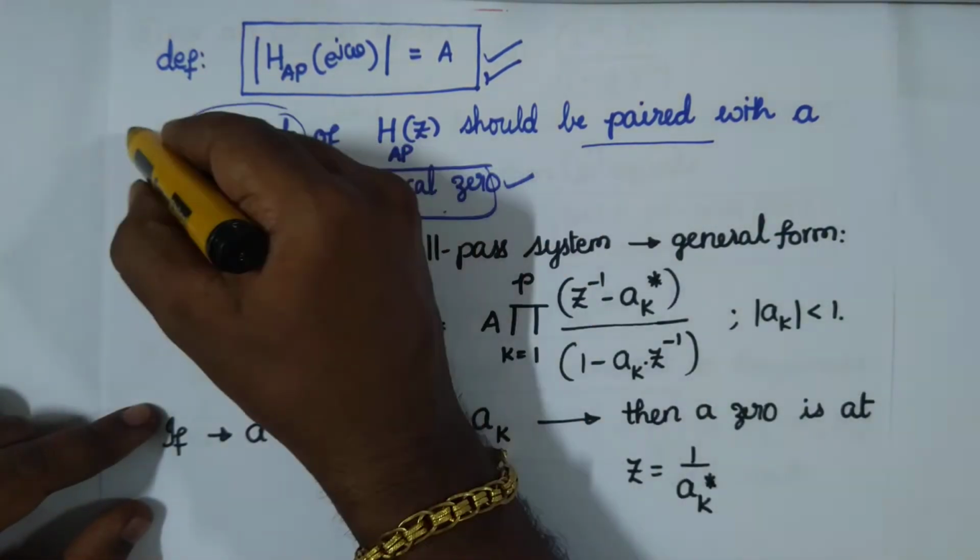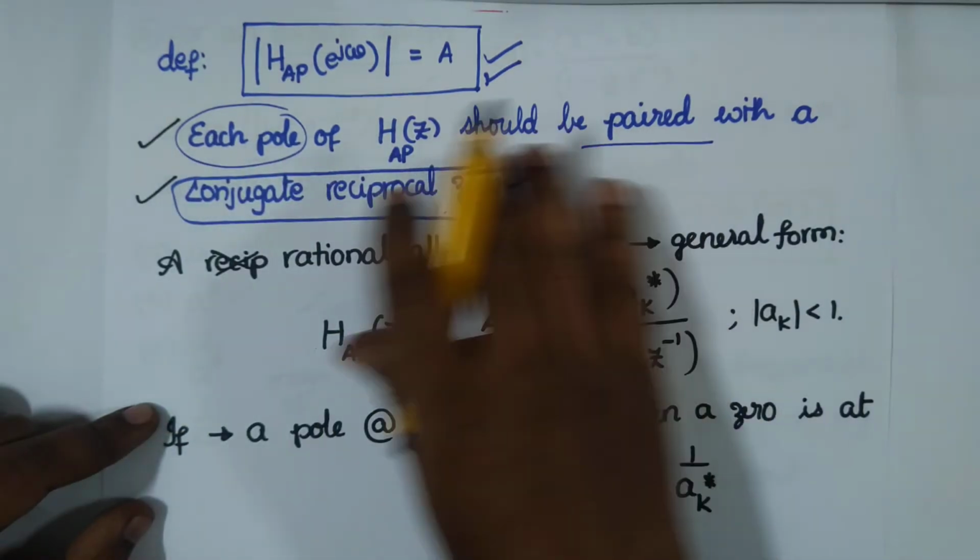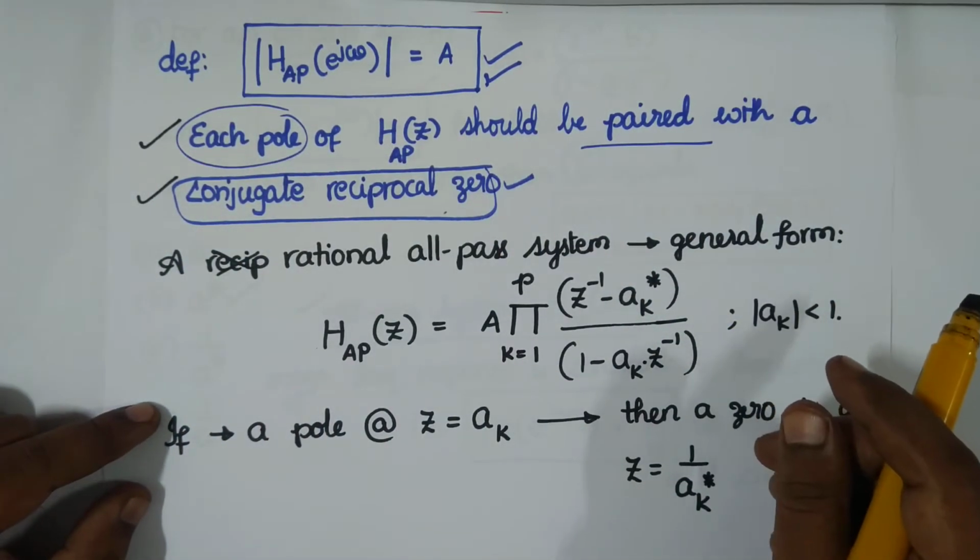So that is what this means: if a pole is at z equal to ak, then there would be a 0 at z equal to 1 over ak conjugation is what this statement is about.